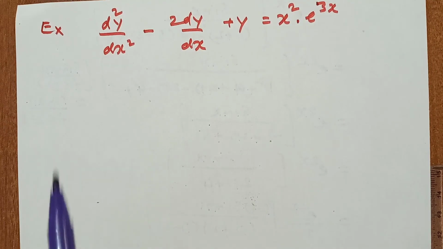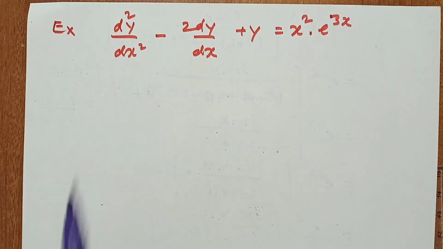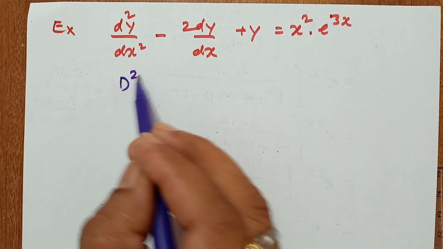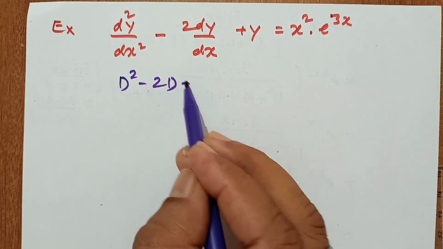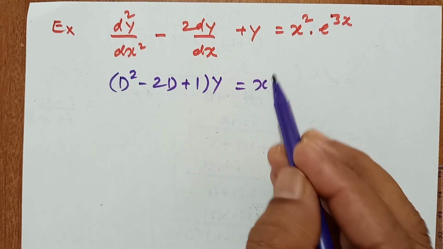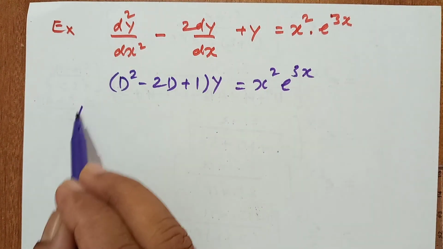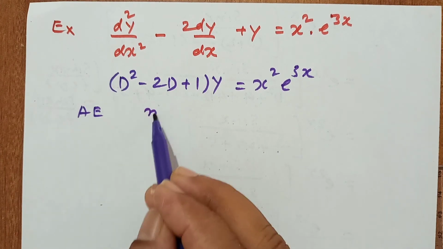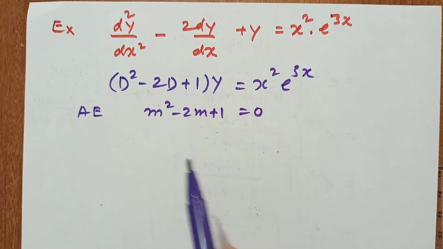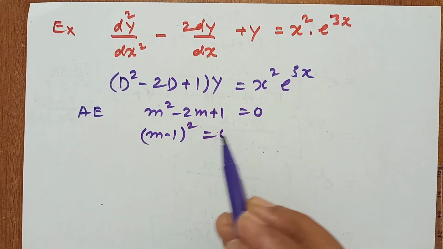Now this is a very important example. Here this is the equation. This can be written as (D² - 2D + 1)y = x² e^(3x). So m² - 2m + 1 = 0, meaning (m - 1)² = 0.